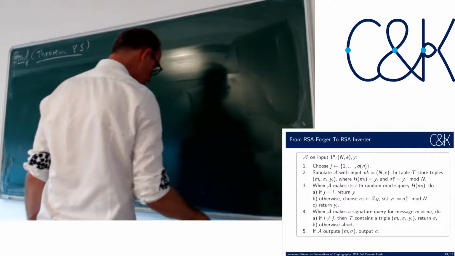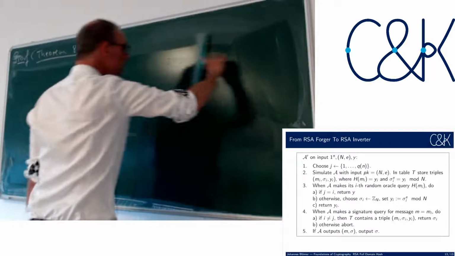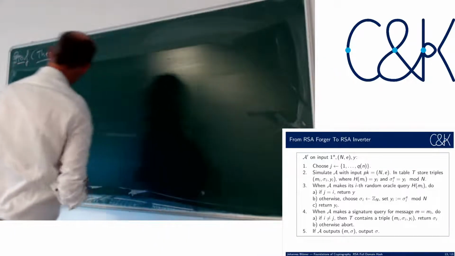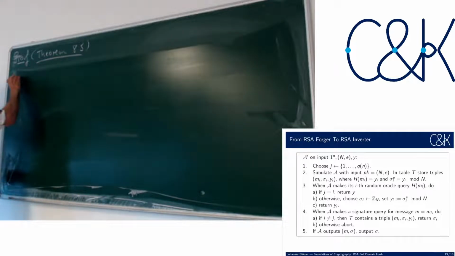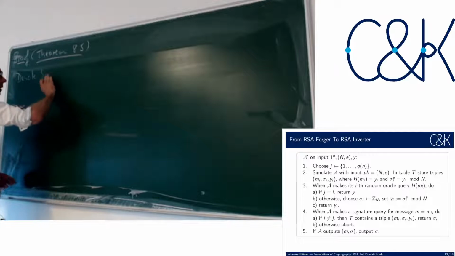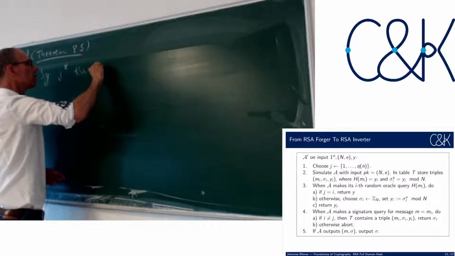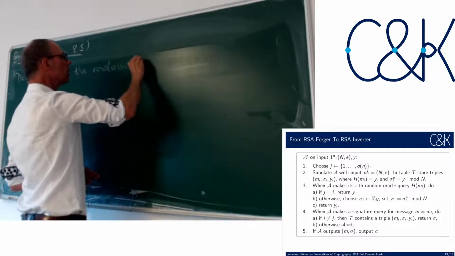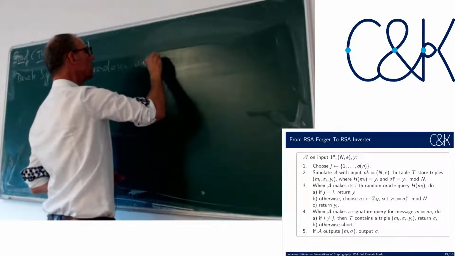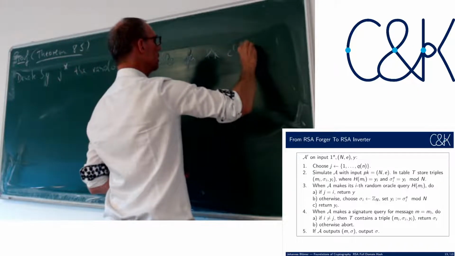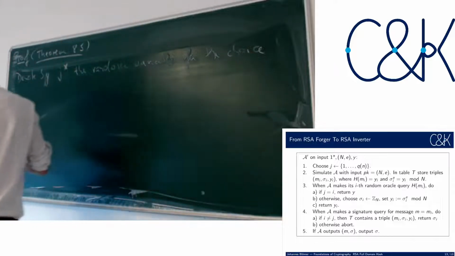So now we can conclude the proof, basically. Denote by J star the random variable for the choice in step 1 of A prime.